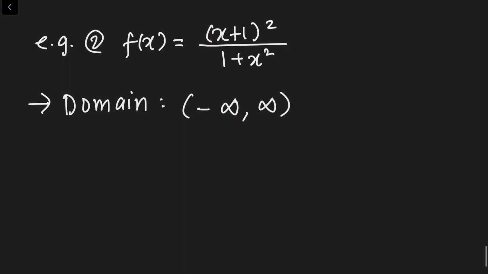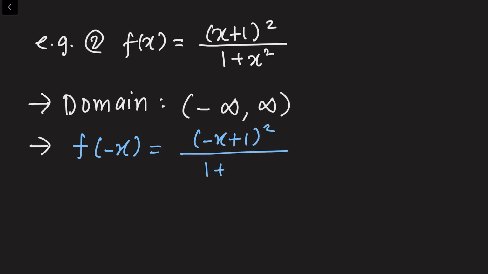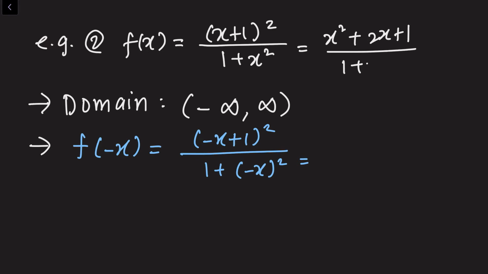Then what about symmetries? You try to see what's your f of negative x, and I think it is neither even nor odd. If you expand the original one, you get plus 1 plus x squared, but if you expand f of negative x, you have a minus 2x plus 1 plus x squared.